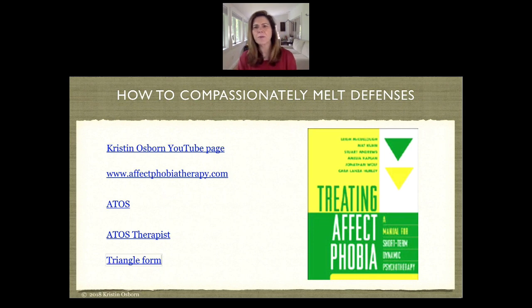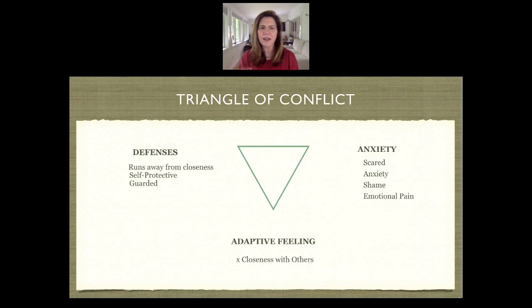So, just as a reminder, this is what a triangle conflict looks like, and the idea is that instead of someone experiencing and expressing their adaptive feeling and having access to all the beautiful behaviors that are connected with it, they pull back, and when they pull back with anxiety or fear or shame or emotional pain, and it becomes too uncomfortable, they move into a defense.